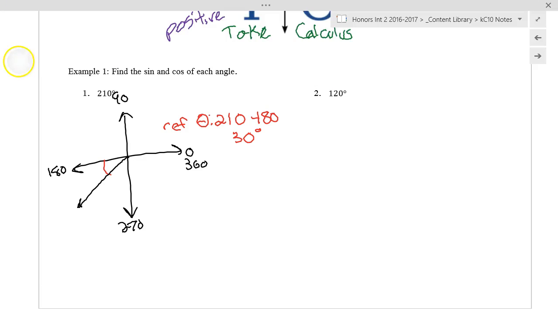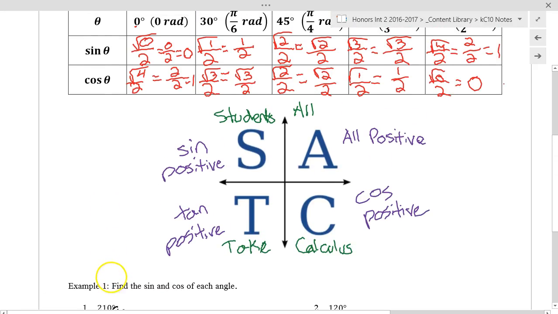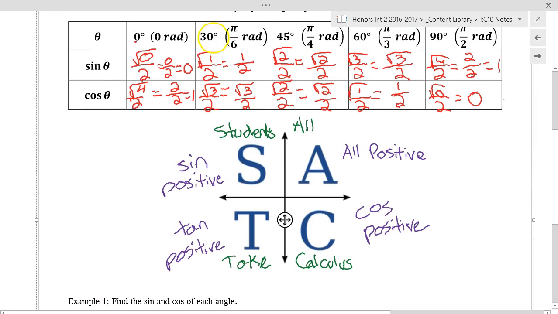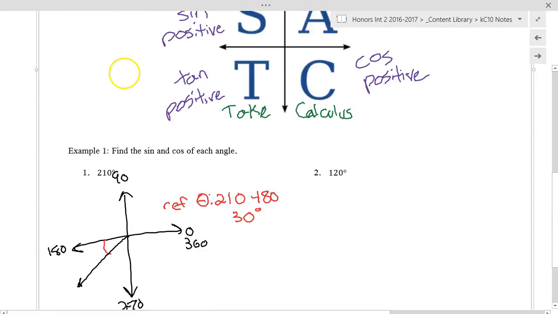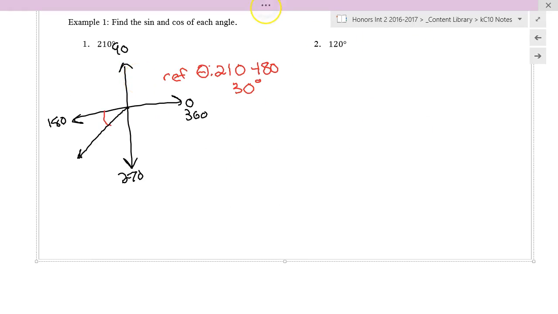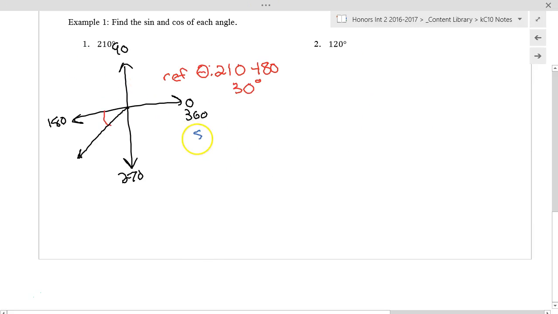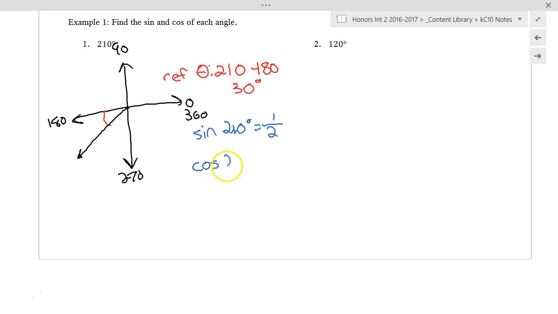So now I'm going to be looking at 30 degrees. The sine is 1/2. The cosine is square root 3 over 2. The sine of 210 equals 1/2, and the cosine of 210 equals square root 3 over 2. That's why you have to have that table memorized so you can answer these questions.